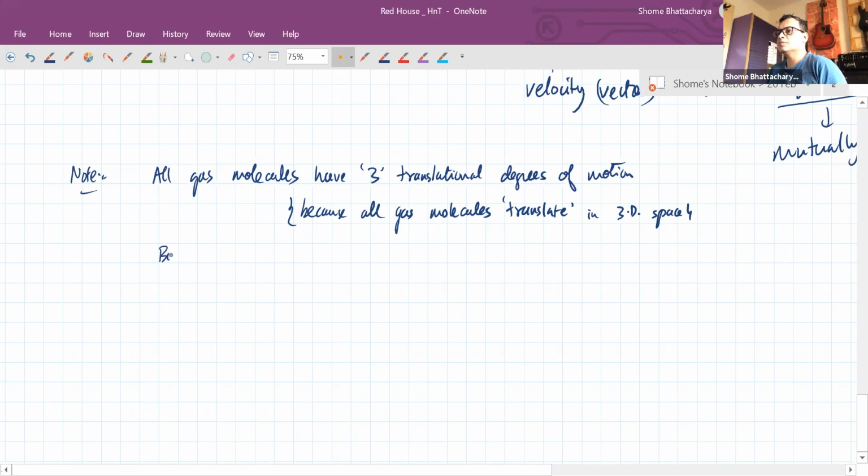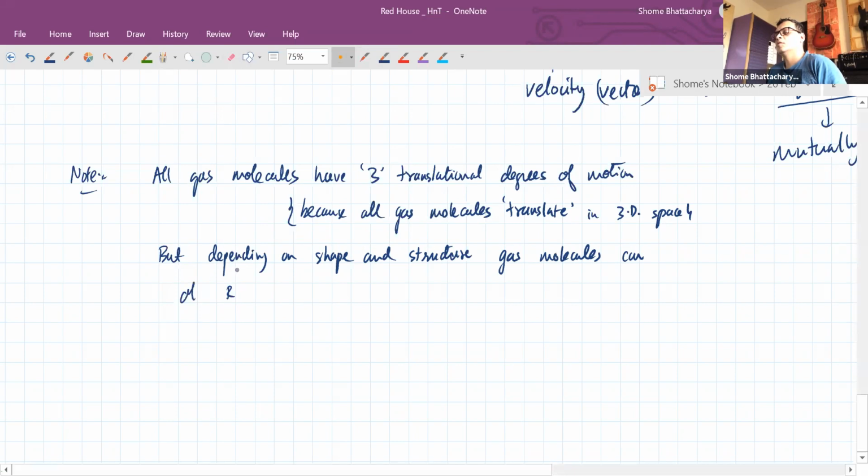But in addition to this, depending on the shape and structure, gas molecules can also rotate and/or vibrate with multiple degrees of freedom.